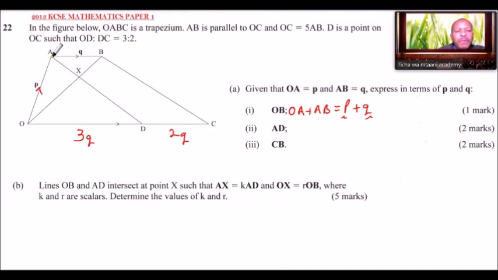To move from A to D, we use the shortest route, which is AO plus OD. But you find that now we'll be moving against the vector OA, because the direction of OA is this way.